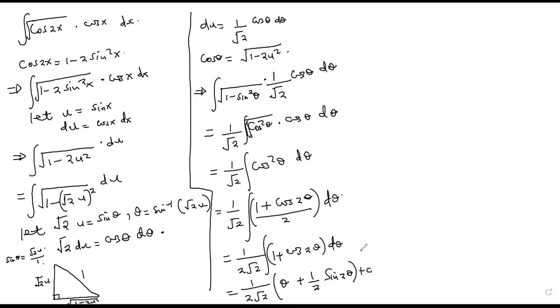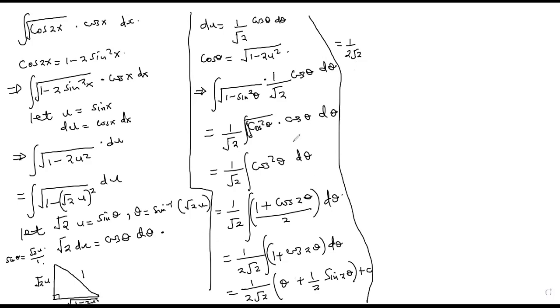But our answer has to end in x. They are still in thetas, so we have to end in x. So this is going to become 1 over 2 root 2.